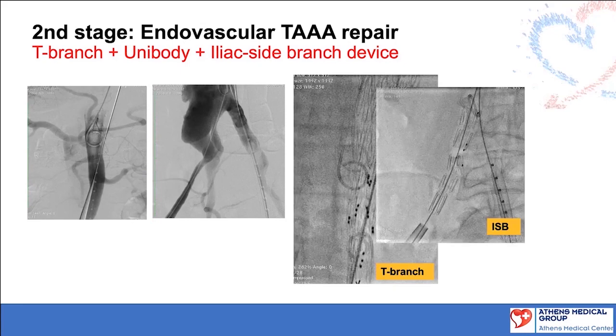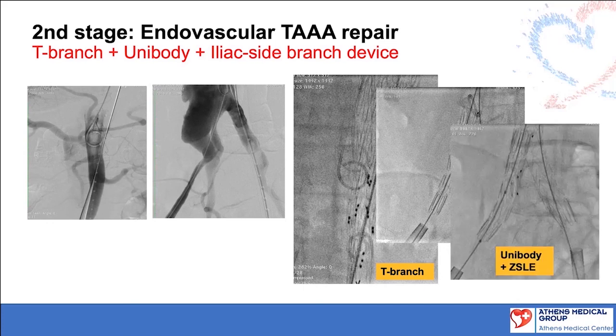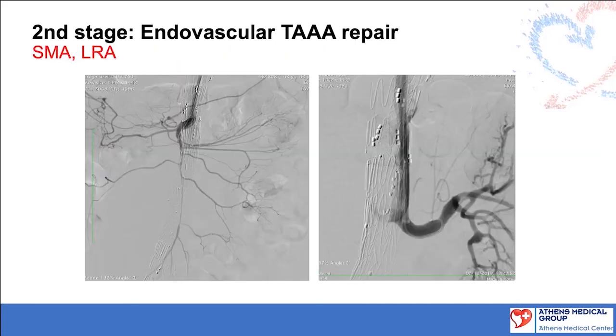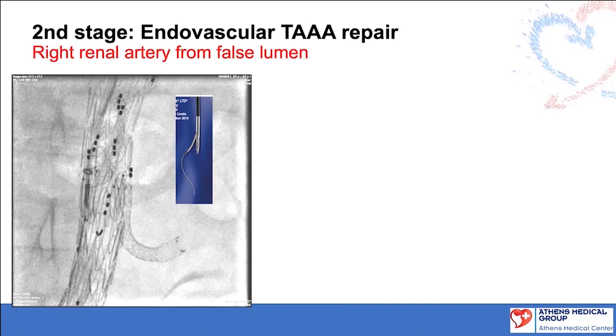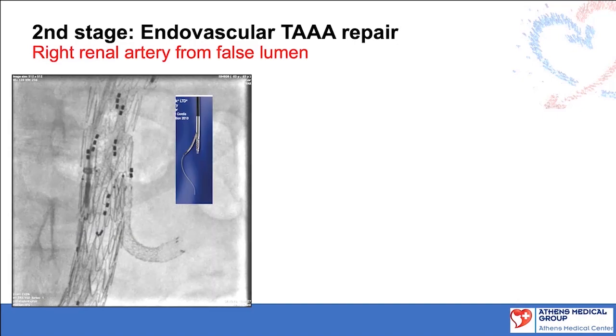This is the iliac side branch at the level of the right hypogastric artery. We have already connected the SMA and then the left renal artery. Again, fusion imaging is of unique importance here in order to be very precise with the placement. And then we have done a very nice trick.